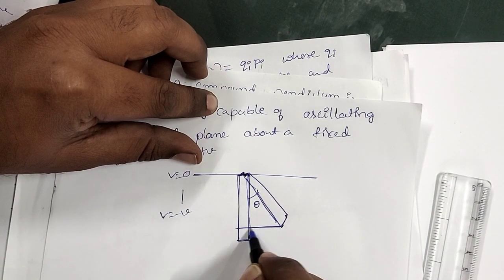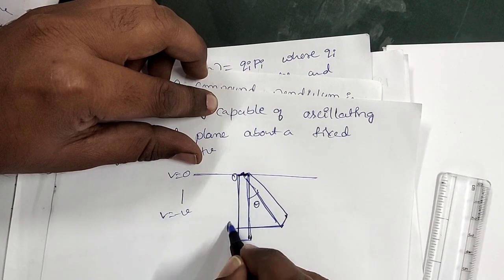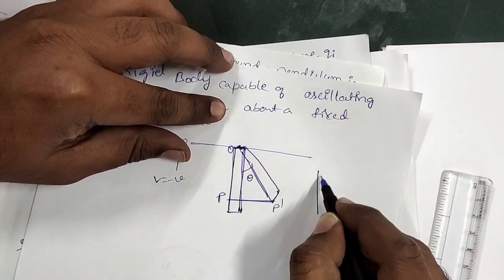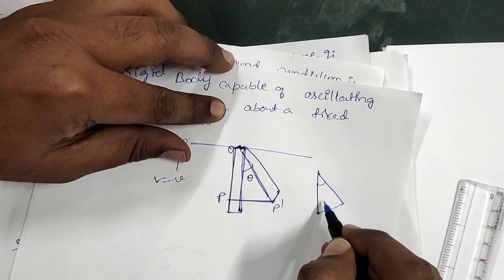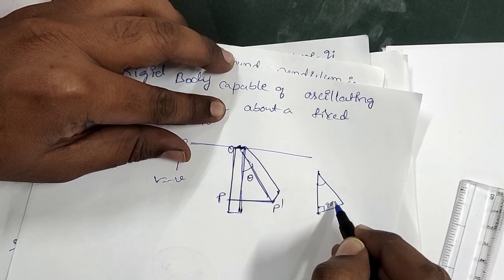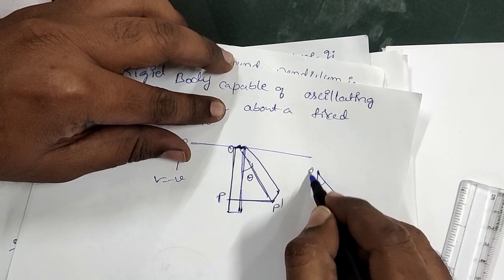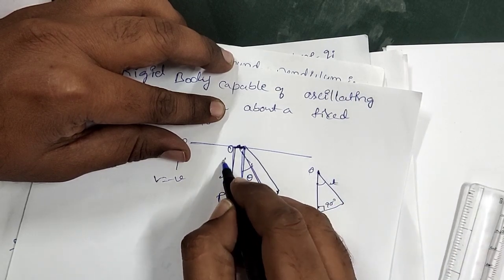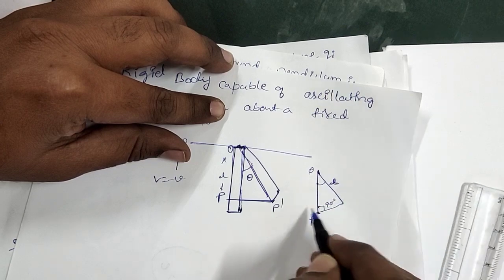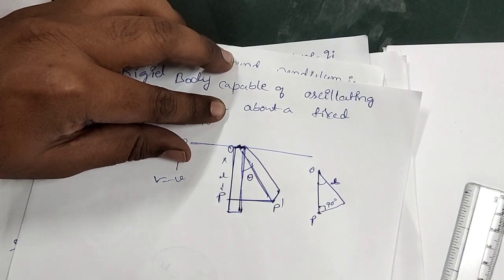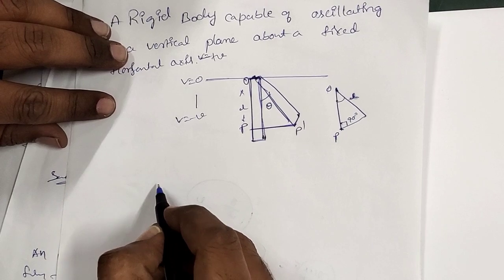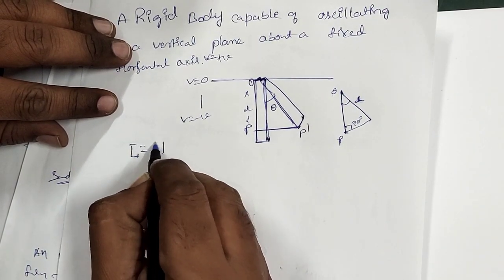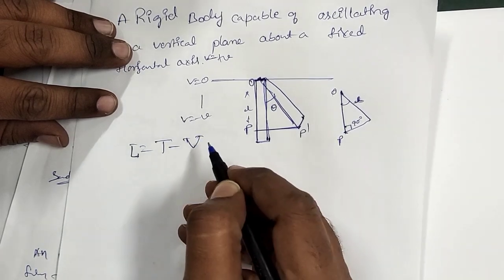If I draw the perpendicular, suppose this is O, this is P and this is P prime, it looks like a triangle with a 90 degree angle, and OP is the length L of the pendulum. Next, we know that Lagrangian L is equal to kinetic energy minus potential energy.